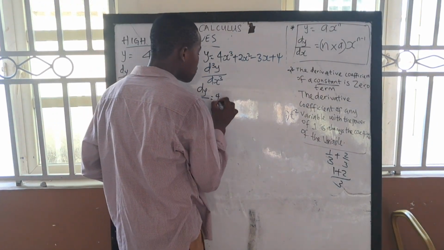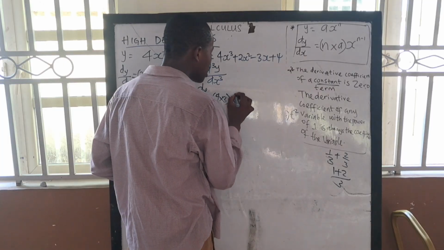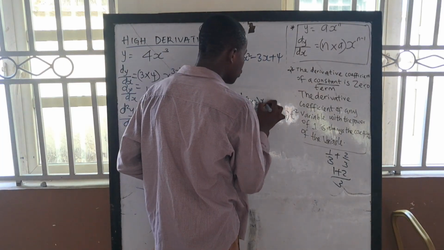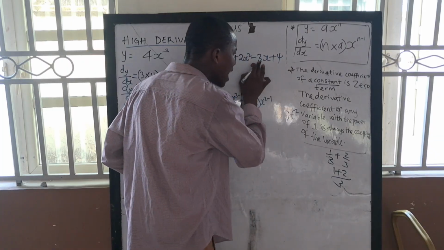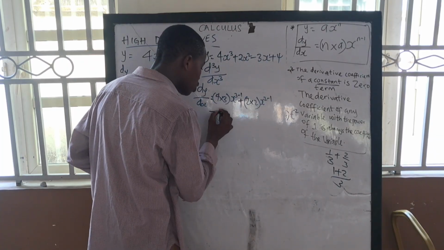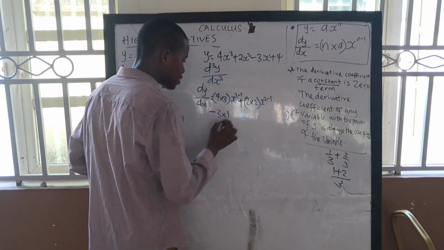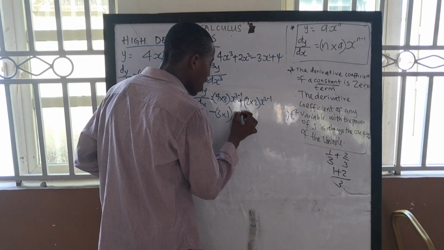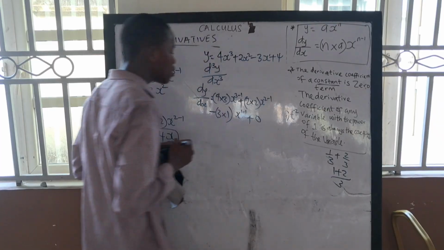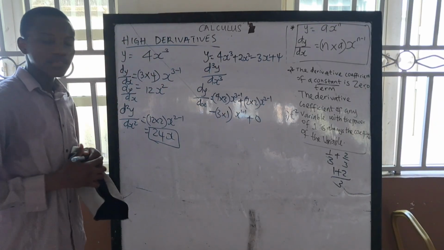Differentiating this gives 4 times 3, x to the power 3 minus 1, plus 2 times 2, x to the power 2 minus 1. Now minus, I have to be careful. Remember, the power here is 1. Minus 3 times 1, x to the power 1 minus 1, plus, if you differentiate a constant term, it is 0, right?